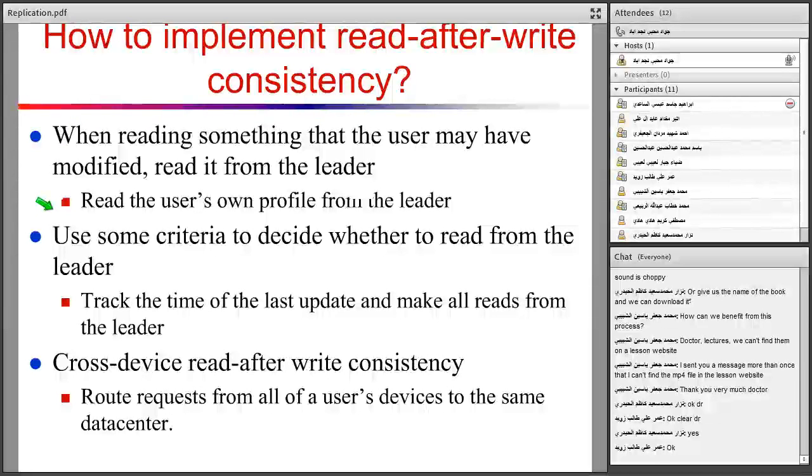So, read the user's own profile from the leader.